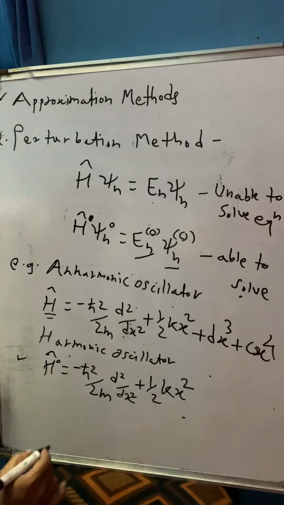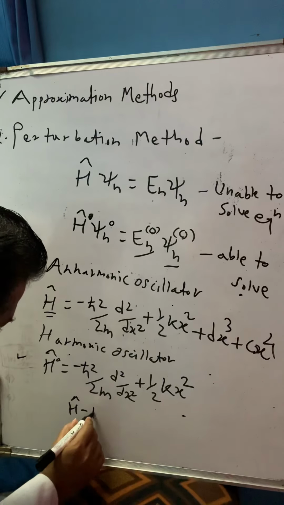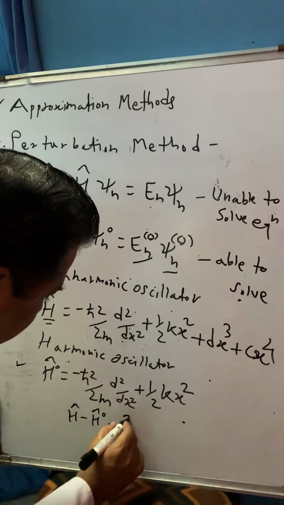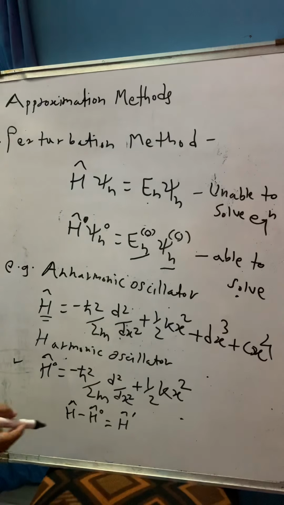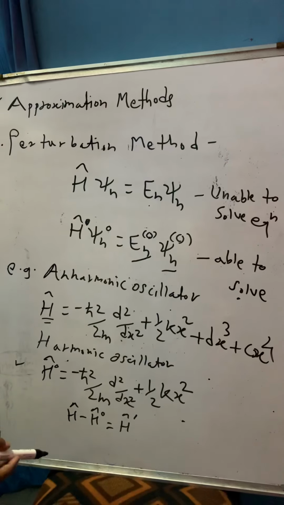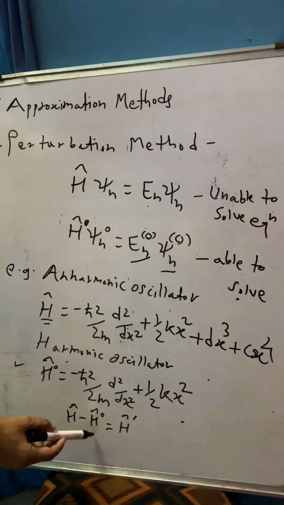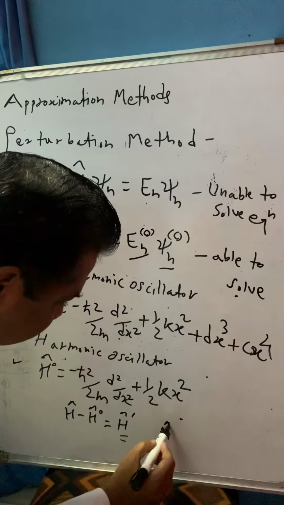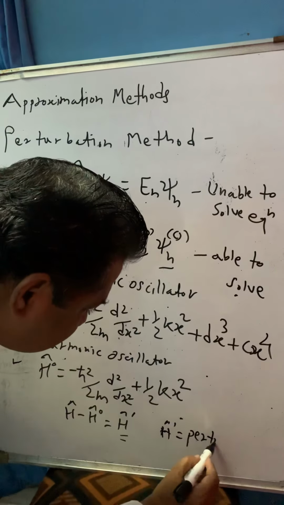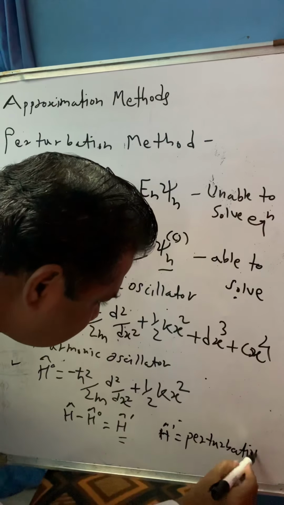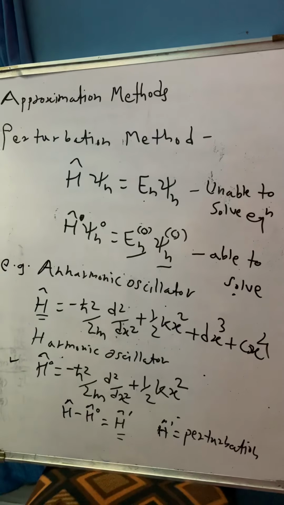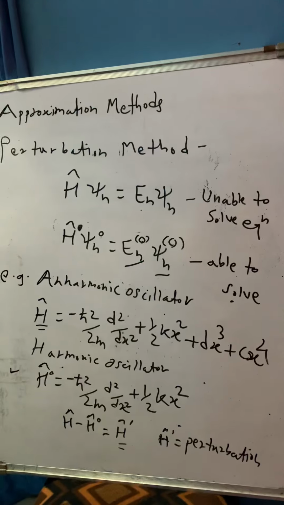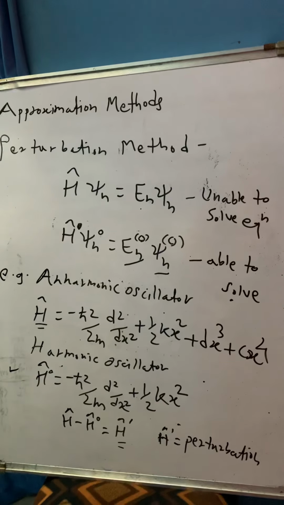The difference between the Hamiltonian of the perturbed system and the unperturbed system is represented by H prime, and this H prime is known as a perturbation.